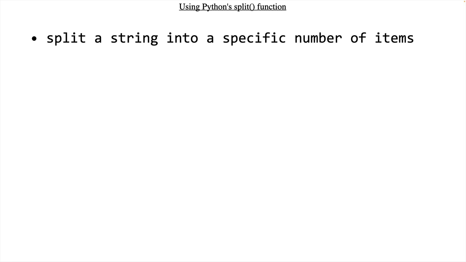The other thing I thought was important to talk about is that sometimes you know how many items you're going to get back. For example, if you split a valid IP address, you're going to get 4 numbers back. Here I have line equals "1,2,3". That is a string.